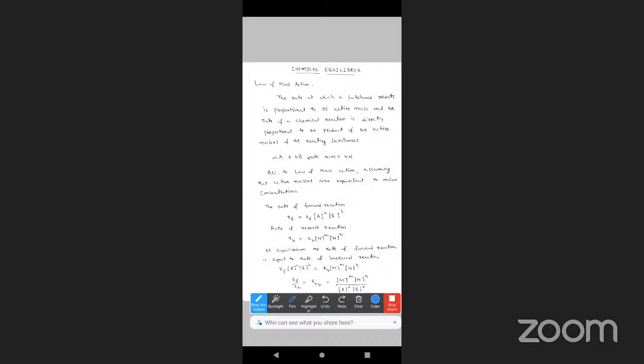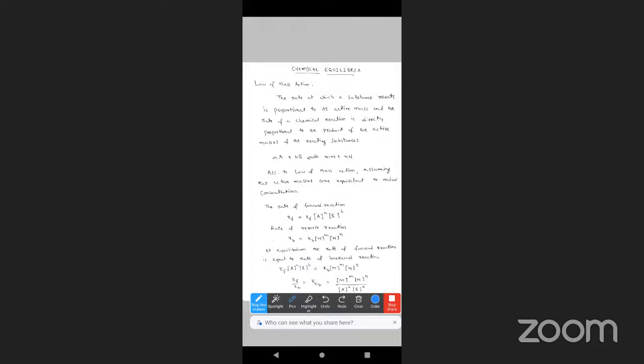Similarly, the rate of the reverse or backward reaction, Rb equals Kb into the concentration of M to the power of m, where M and N are the products and their coefficients are small m and small n. Simply we can write Rb equals Kb into [M] to the power of m, [N] to the power of n, isn't it?